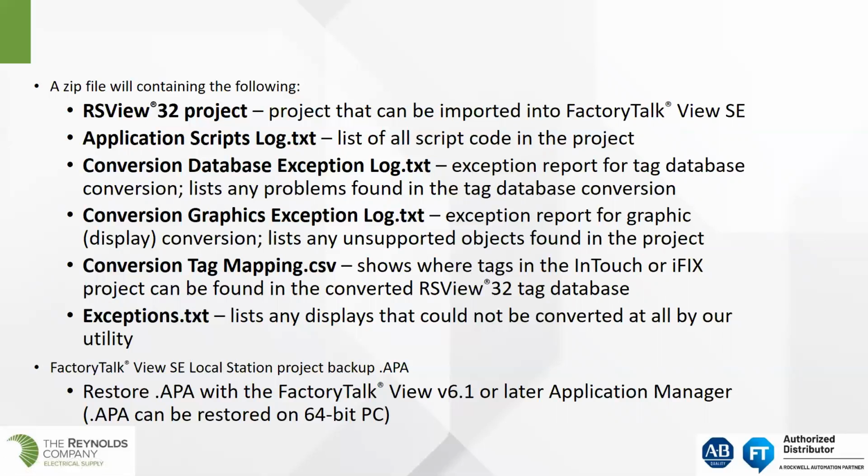Anything that didn't convert from the graphics gets listed in a conversion graphics report. And then there's also a tag mapping conversion report that shows you how the tags from InTouch or iFIX can be found in the new database. So that can be helpful. And then all the general other exceptions get lumped into the exceptions report there.